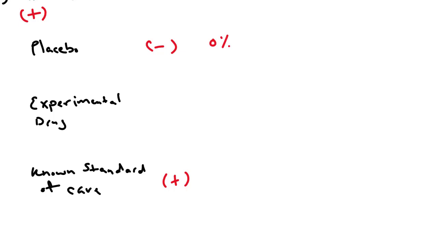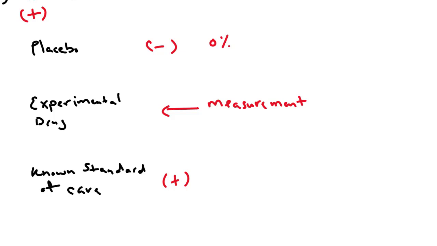So sometimes the controls can't be neatly put into a negative and a positive control, but they are controls. They're meant to help judge whatever measurement you get from your experimental thing and put that in perspective of what it actually means. Because without that, it's just a number, a figure that has no meaning unless you can compare it to something.